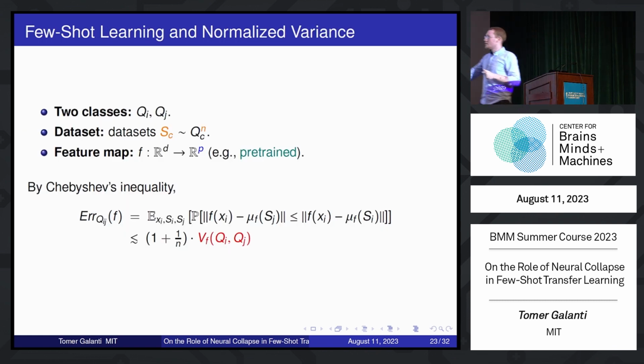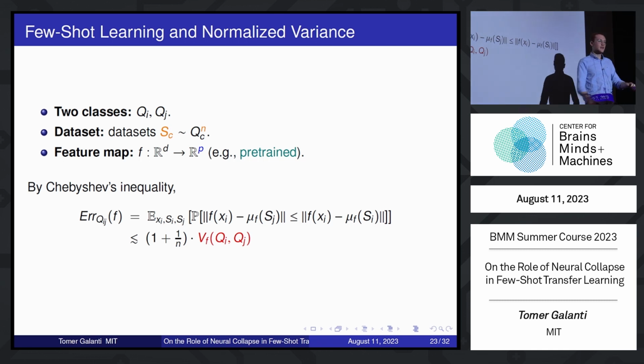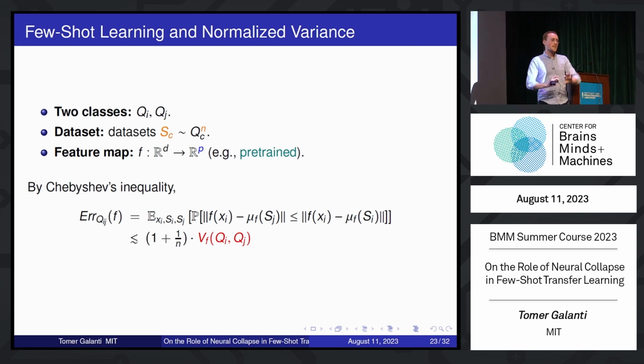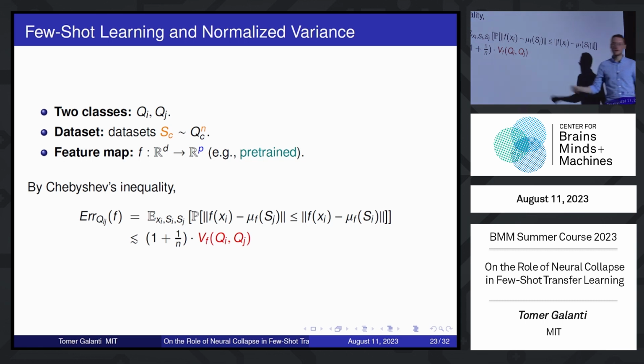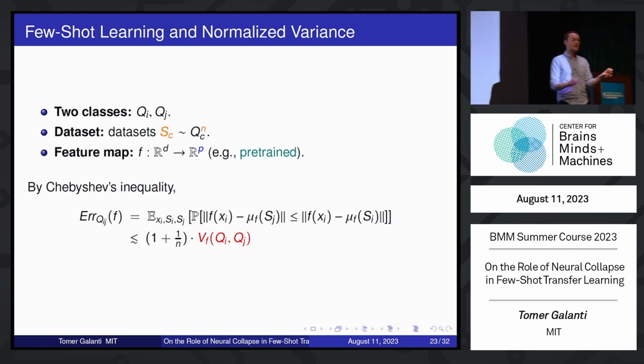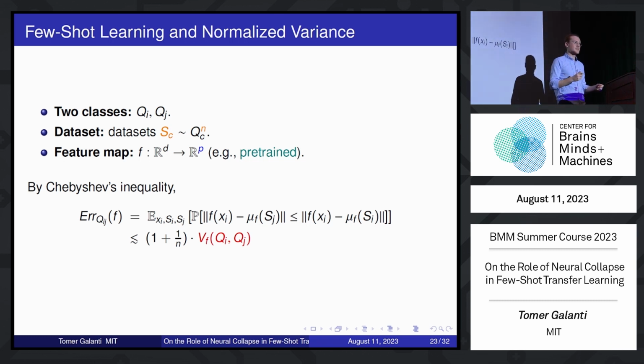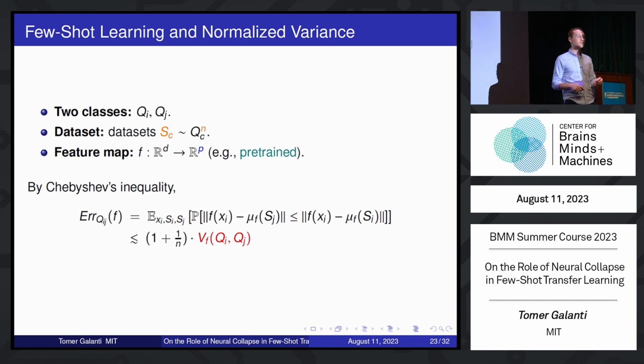Yeah. Intuitively here, we have how much can I distinguish between two classes that are relatively clustered. So if we have two classes, Qi and Qj, that are clustered in space, then I don't need to see many samples in order to distinguish between the two classes.